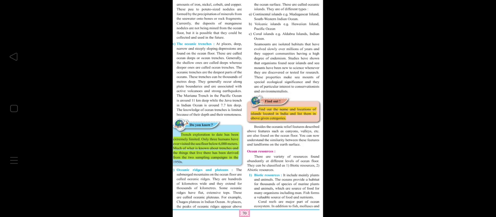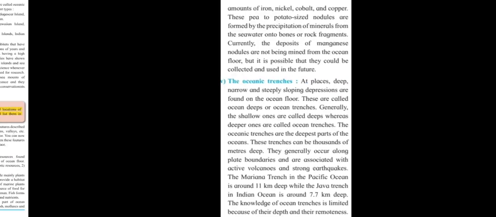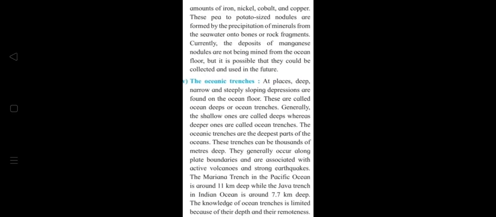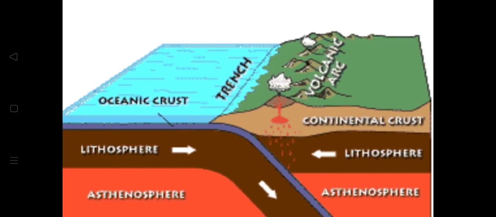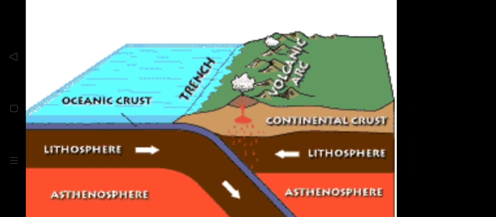Let me see if I have a slide of the Mariana Trench. Yes, it is there. Now see, look at this first. Where is the trench over here? There's the lithosphere, there's the asthenosphere, and there's the continental crust and the oceanic crust. So the trench is over there, shaded in blue.